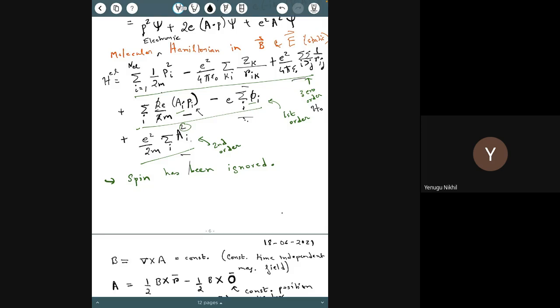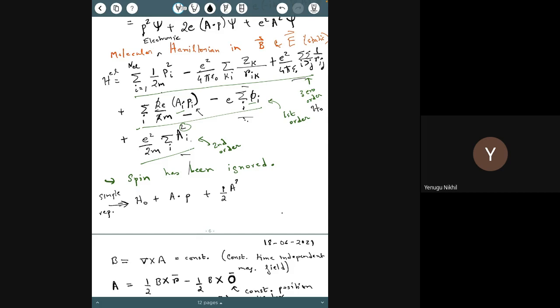So I can write this as H0 plus A dot P, getting rid of all the constants in front to simplify things, then plus half A squared.